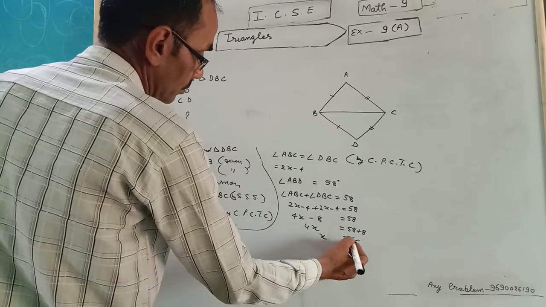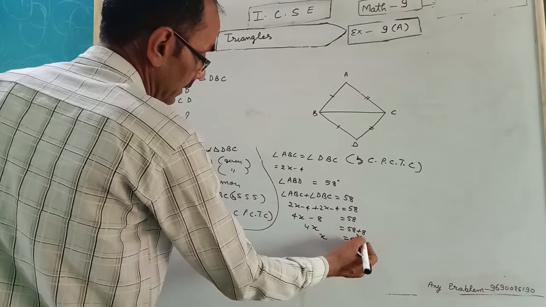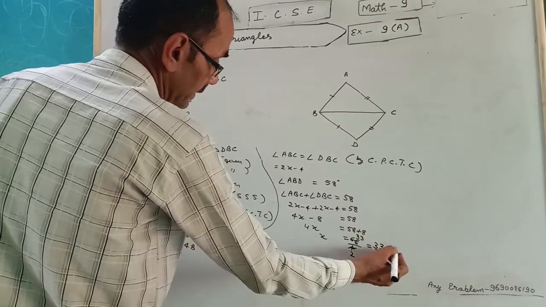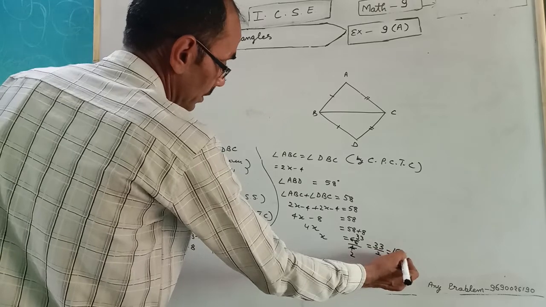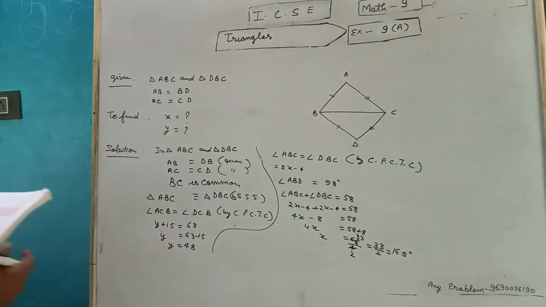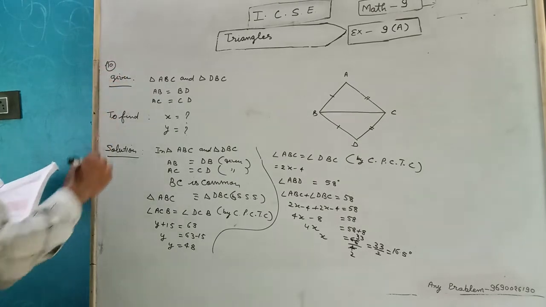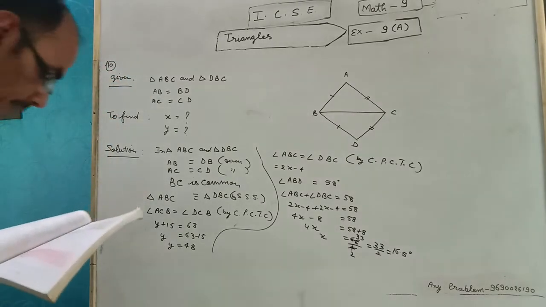Divide by 2, 33. 33 upon 2 is 16.5 degrees. Question number 10 is complete.